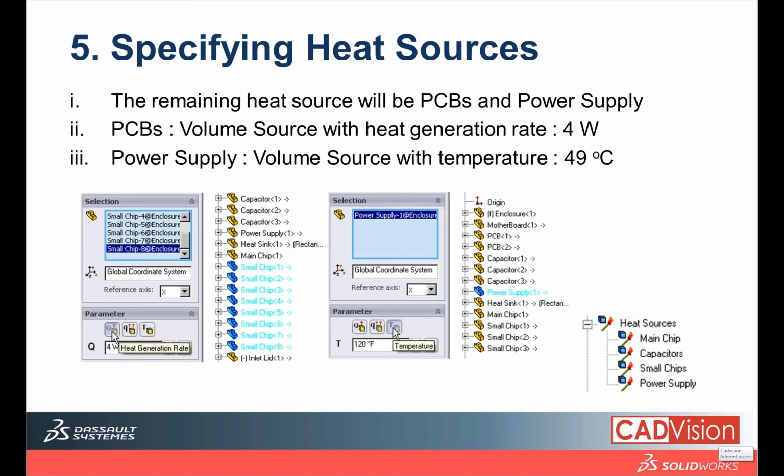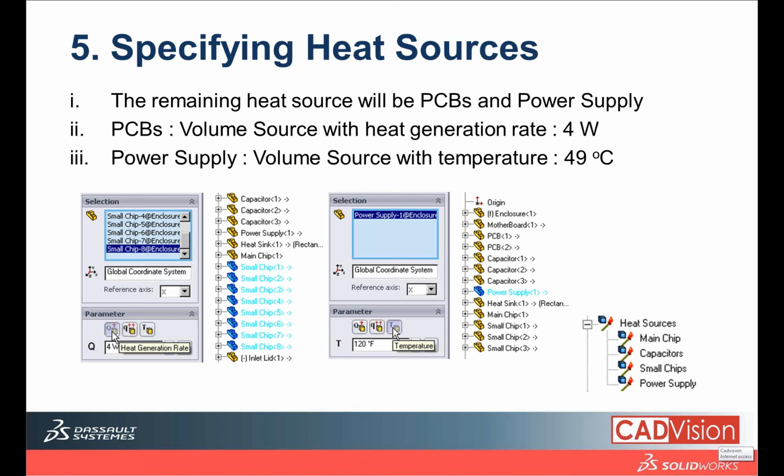Then we proceed with the same procedures for the PCBs and the power supply. The PCB is a volume source with heat generation of 4 watts. The power supply is a volume source with a temperature of 49. As for the middle ones, it is a surface generation rate.